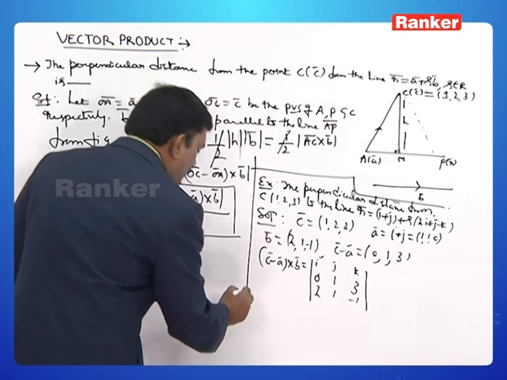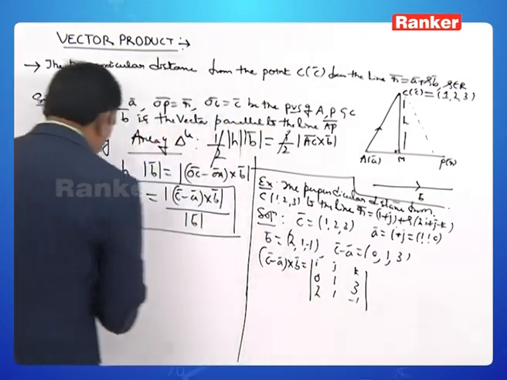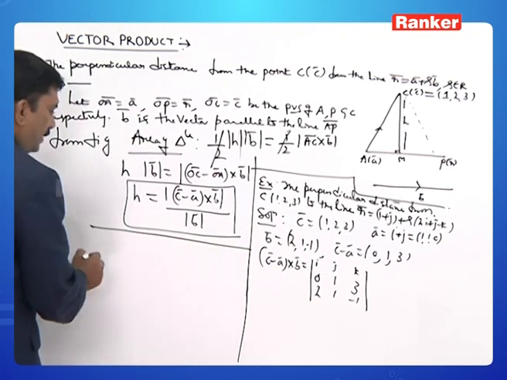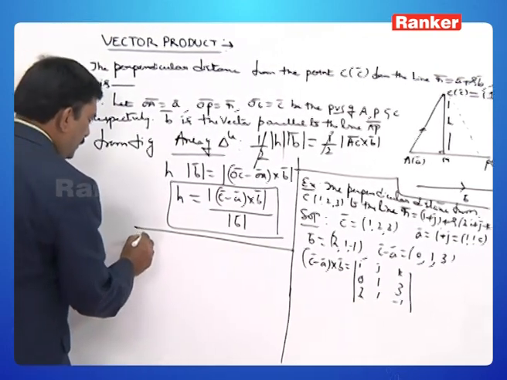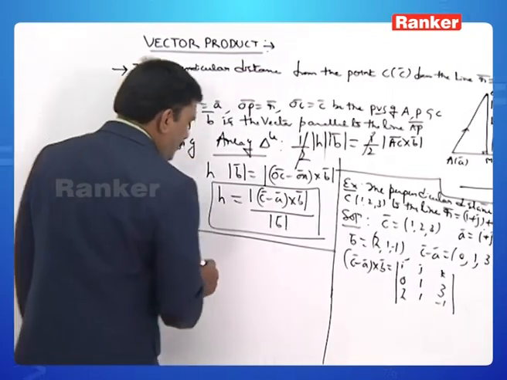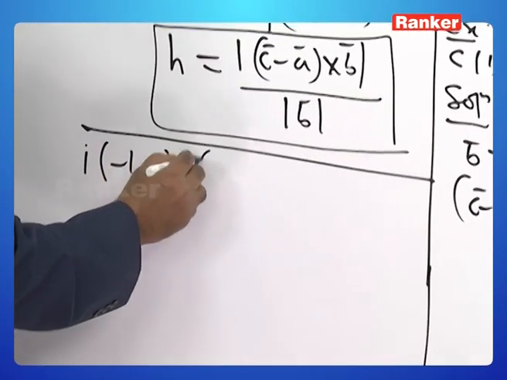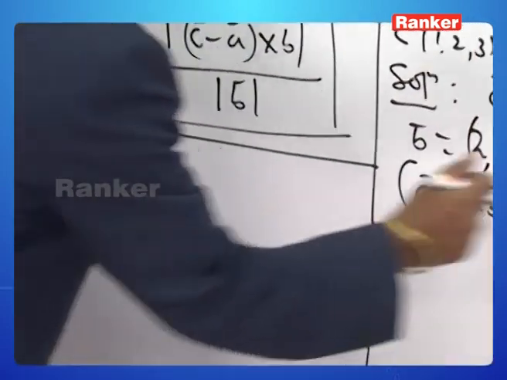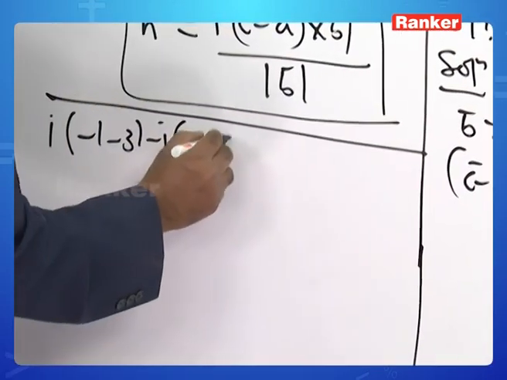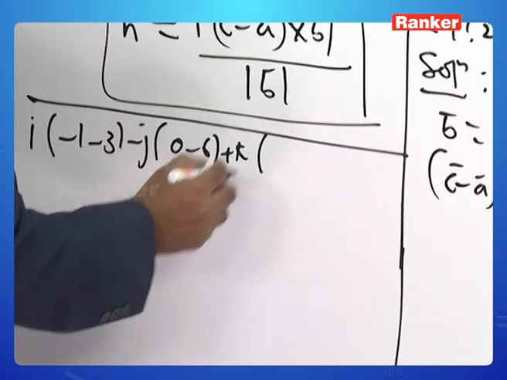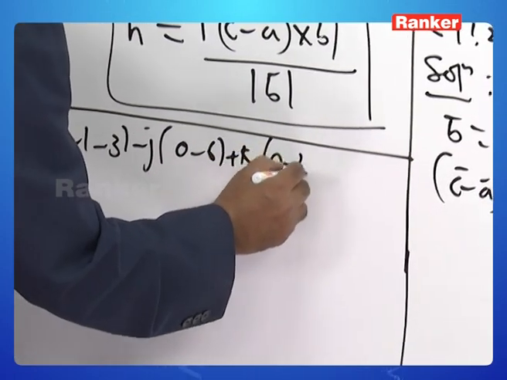Come on, expand it. This gives I into 1 minus 1, minus 3, minus j into 0 minus 6, plus k into 0 minus 2.